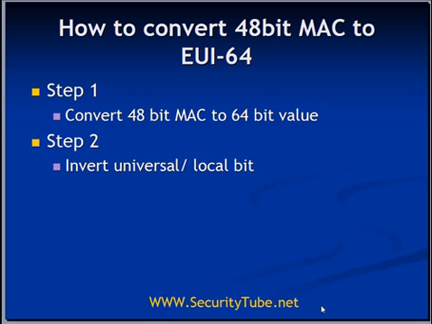This is accomplished on an Ethernet interface by re-referencing the already unique 48-bit MAC address and reformatting that MAC address to match the EUI-64 specifications. So for converting a 48-bit MAC address to an EUI-64 interface identifier, there is a simple two-step process. Step 1 is to convert the 48-bit MAC to a 64-bit value by inserting FFFE in between. Step 2 is to invert the universal or local bit.